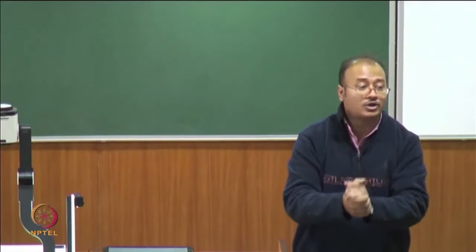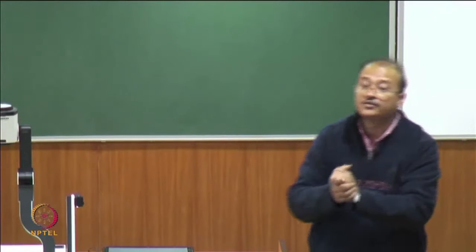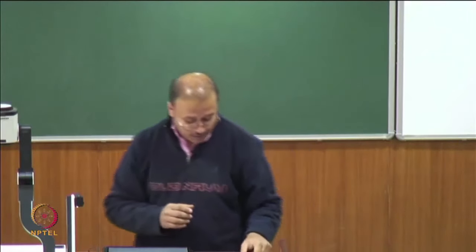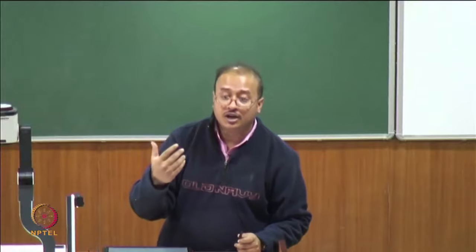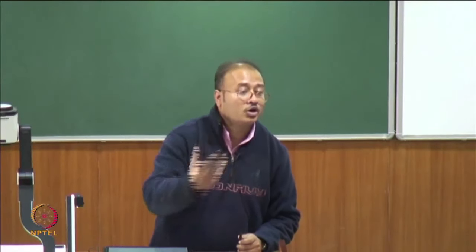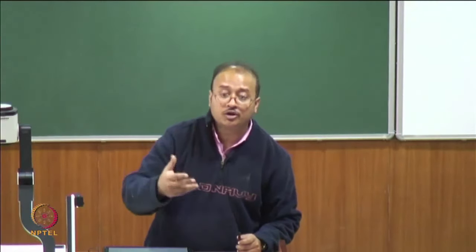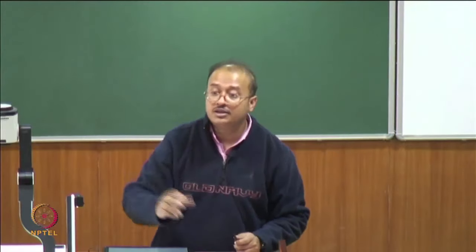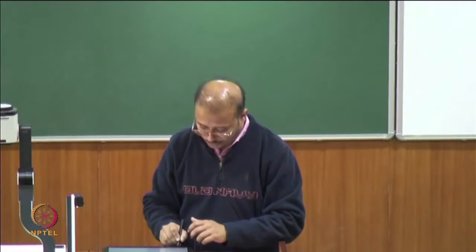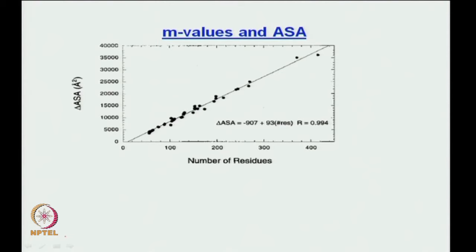That means delta Cp is also inherently related to your accessible surface area. Okay. Because the more hydrophobic residues you expose, the more water ordering you have, and those are the water orders you have to break, increasing the delta Cp. So, look at this plot. This is a plot of your accessible surface area against the number of residues in a given protein.